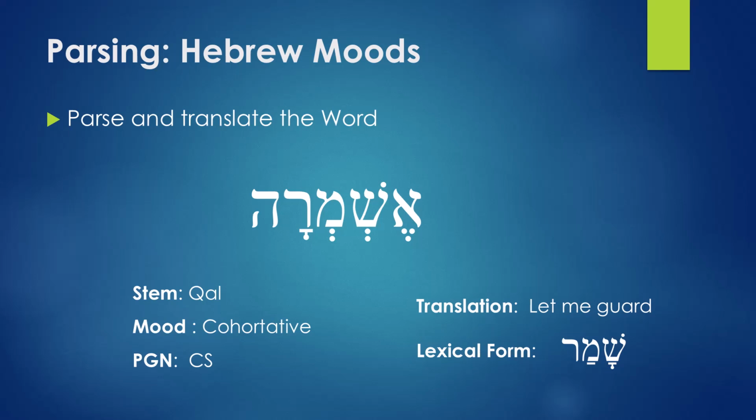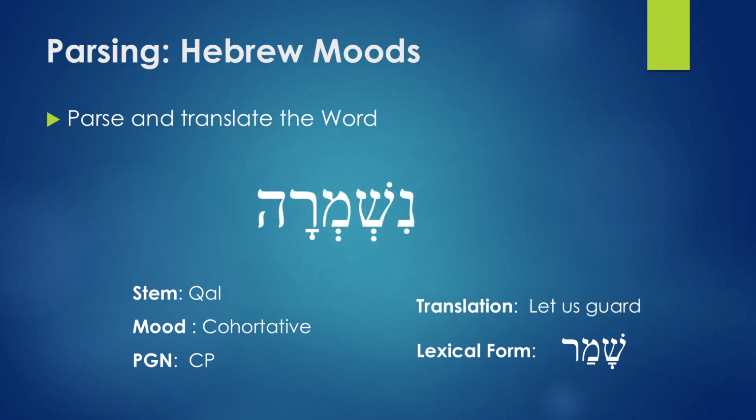So you have stem qal, mood cohortative, and gender and number common singular. Translation: how to translate it? Eshmera comes from shamar, which means to keep, to guard. So it becomes let me guard. So cohortative is translated as let me or let us.